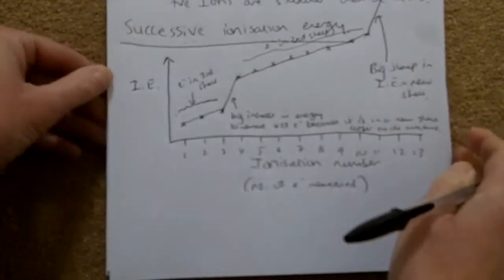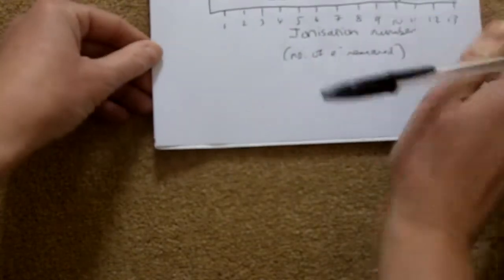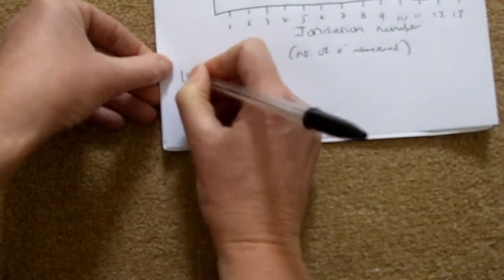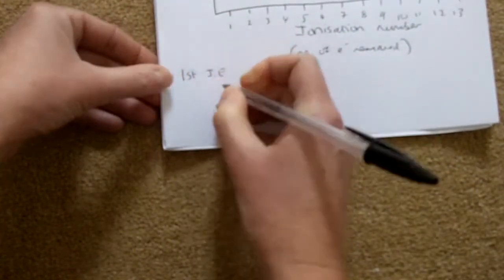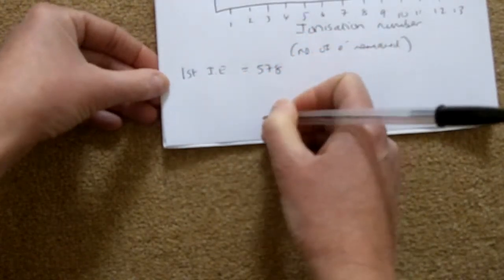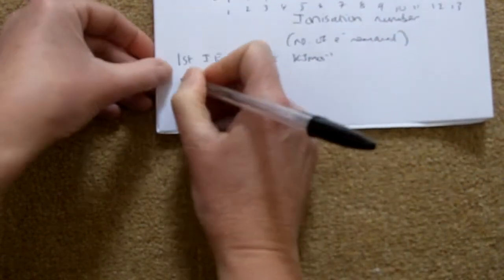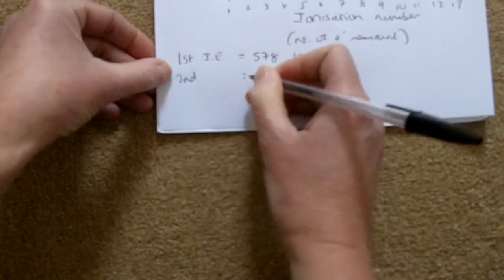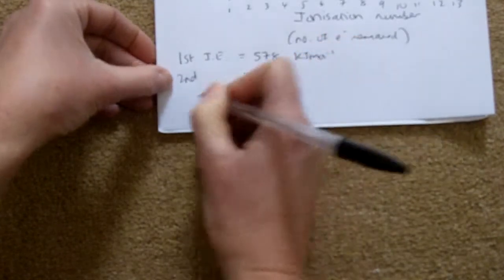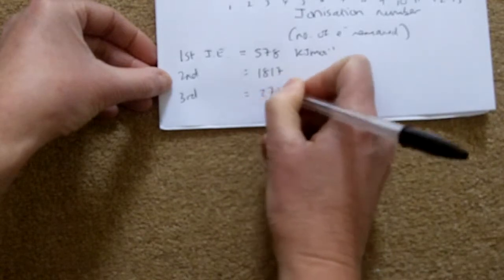Okay, so quite often you get questions like this. Here's an example. We don't know what the element is, but we know that the first ionization energy is 578 kilojoules per mole. The second ionization energy is 1817. The third ionization energy is 2745.